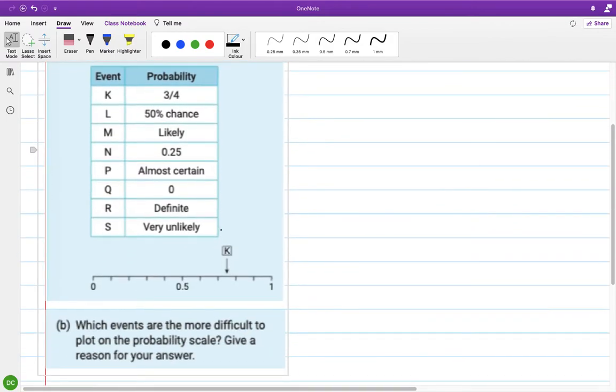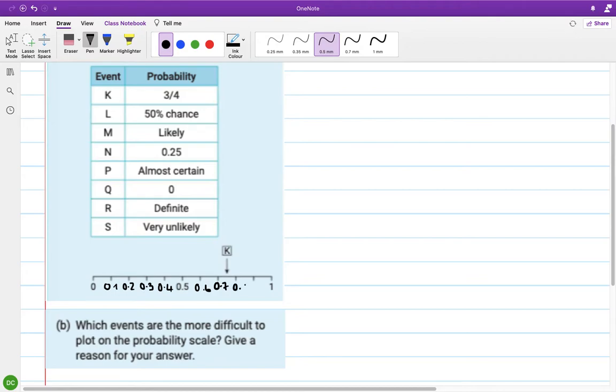I'll zoom in a little bit. Going down here, this is 0.1, 0.2, 0.3, 0.4, 0.6, 0.7, 0.8, and 0.9. So K was 0.75, which is here, halfway between 0.7 and 0.8.